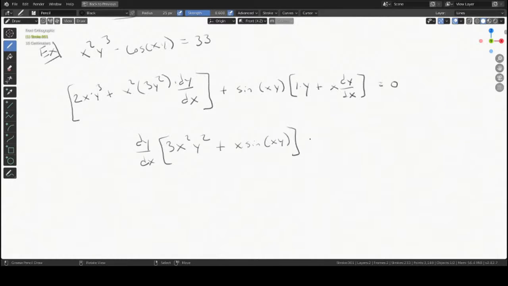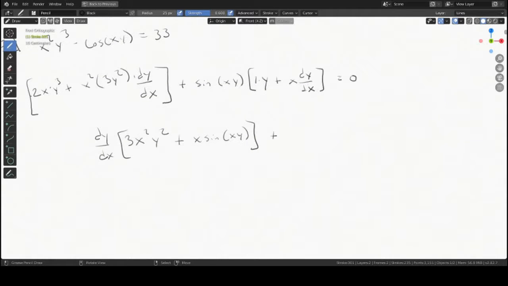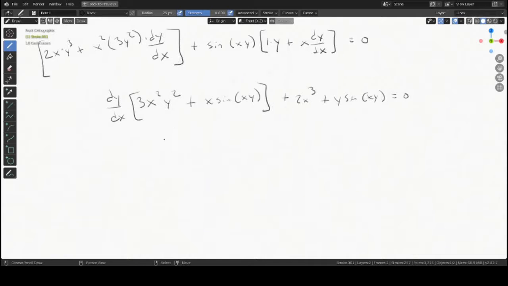And then we'll have a term that does not have dy over dx in it, so we'll have that 2x y cubed over here, plus y sine of xy, and that equals 0.